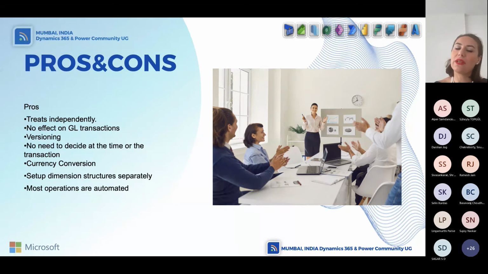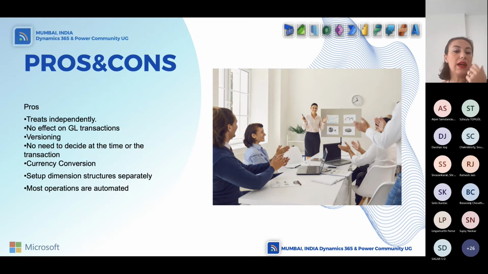Let's come to pros and cons, and this is what I think, according to my expertise. For pros, it's good that it treats independently. So there is no effect on GL transactions and you can do wherever you would like to, and you can do versioning. This is very important for a management team to decide what to do.